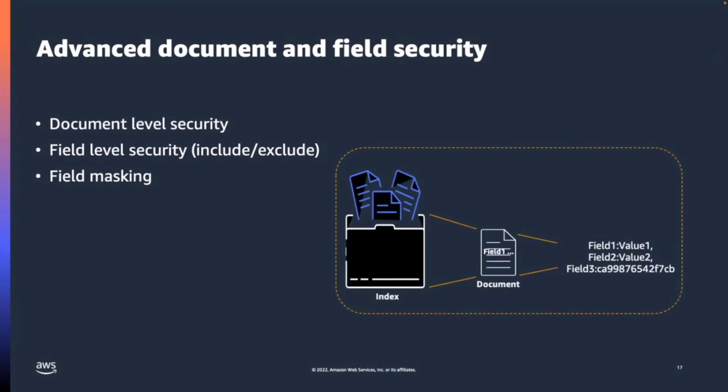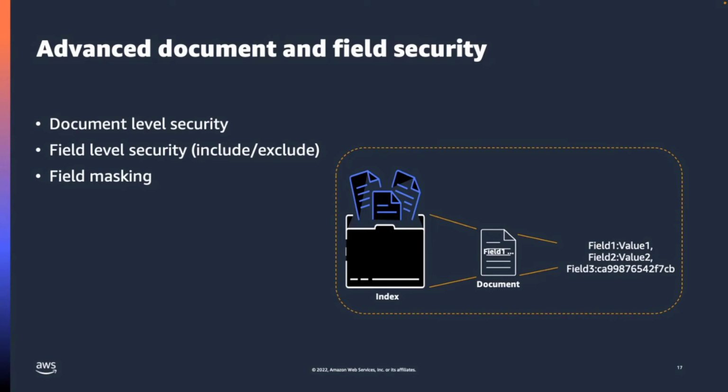We talked about document level security, where you can match a certain field or substitute parameters in a document. We talked about field level security, where you can include or exclude fields. So for example, in a field level security, you can say for this index, I only want the user to be able to see these four fields, right?